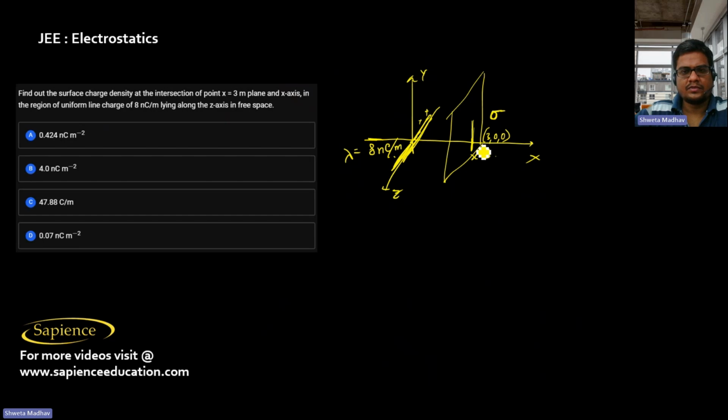The intersection of x equal to 3 meter plane and x-axis, in the region of uniform line charge. Here there will be an induced charge formed on this plane.